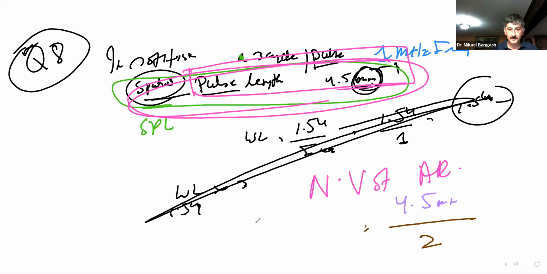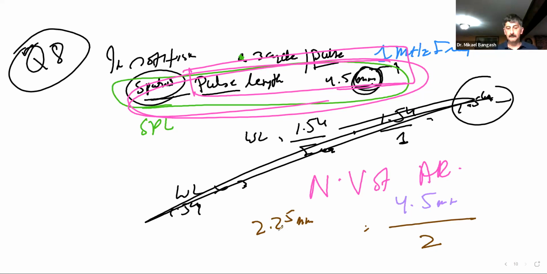So that becomes 2.25 millimeters. That's going to be your numerical value of the axial resolution.